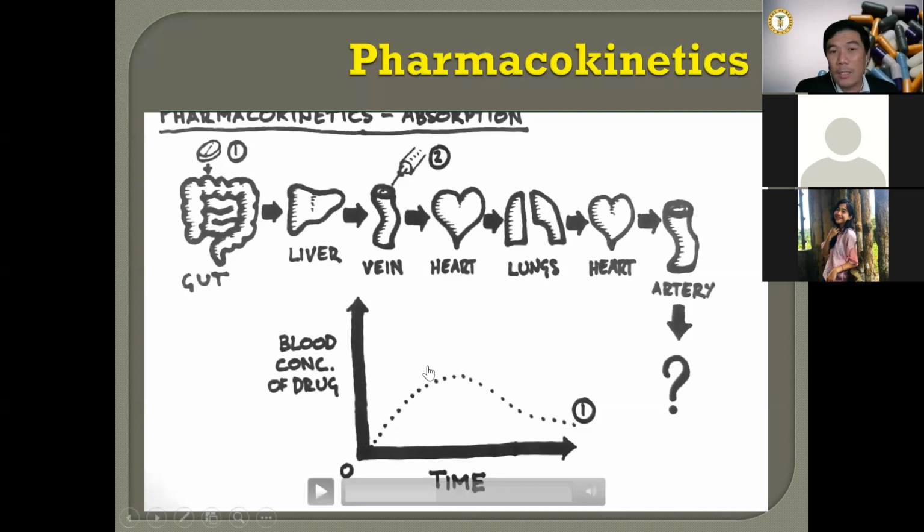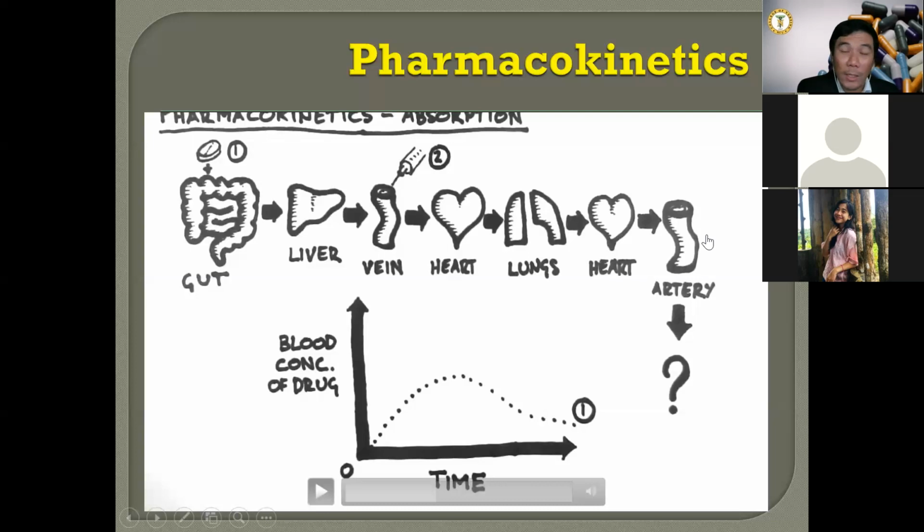It was shown in this graph that oral has a lower and slower pacing of the peak concentration level until it reaches the artery, simply because you can imagine that the drug will be processed from gut, liver, vein, heart, lungs, heart, and artery.